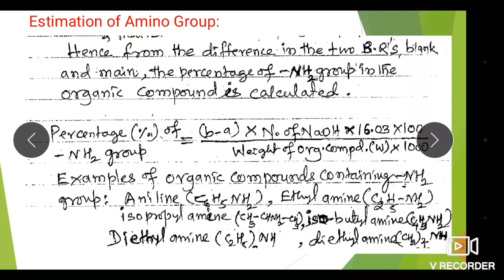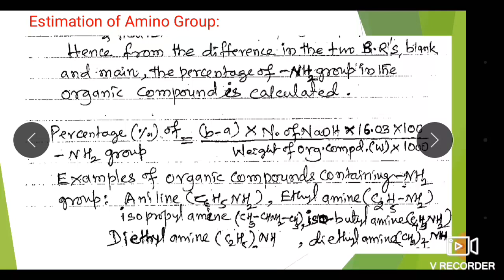The examples of organic compounds containing NH2 groups are aniline, that is aromatic amine, C6H5NH2, ethylamine, C2H5NH2, isopropylamine, CH3CH2NHCH3, isobutylamine, similarly C4H9NH2, diethylamine, that is (C2H5)2NH, and dimethylamine also, that is (CH3)2NH.